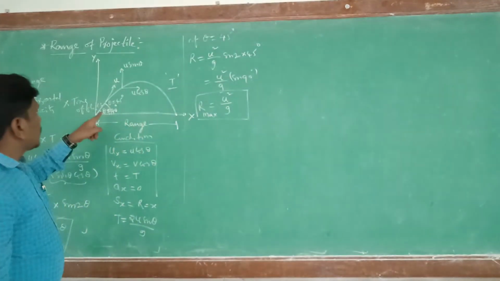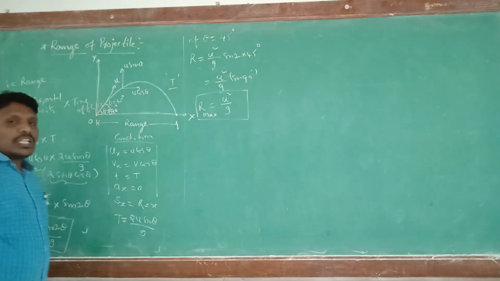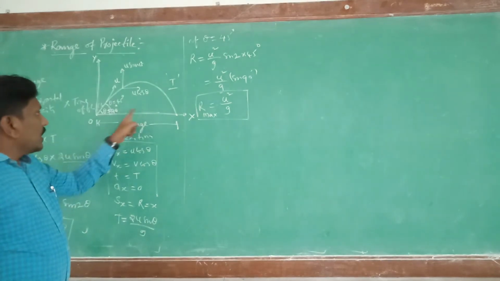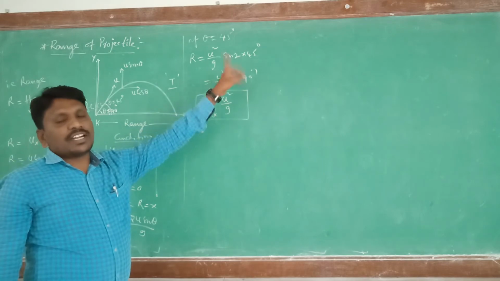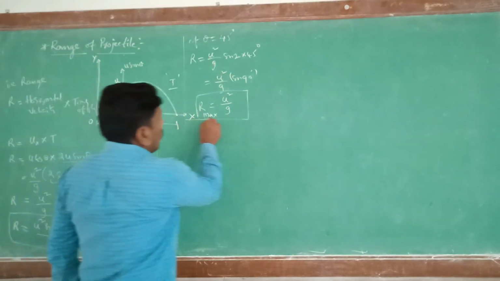If theta is 90 degrees, the object just goes up and comes down, and there is no range. So when the range is maximum, theta must be 45 degrees. This is the answer.